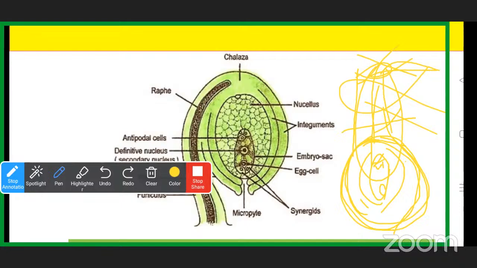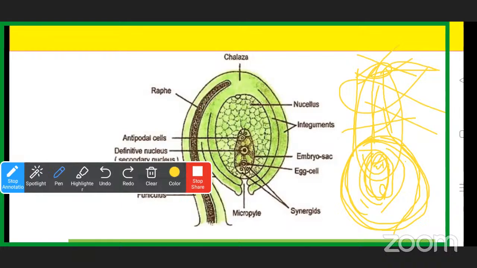In that, the female gametangium, the embryo sac, will remain. The egg cell, after fusion with the male gamete from the pollen, will become the seed. The seeds are inside.